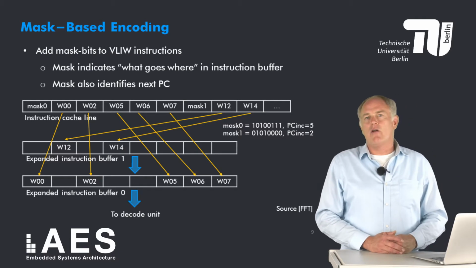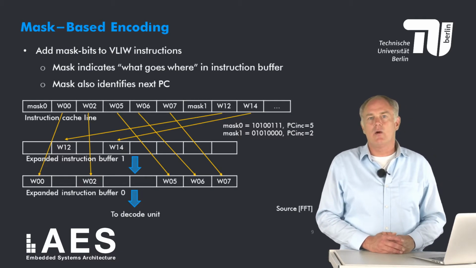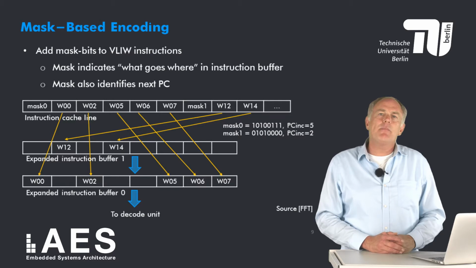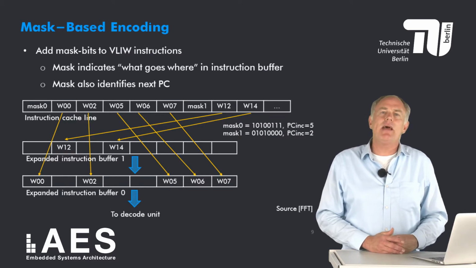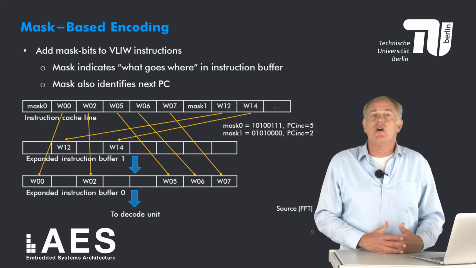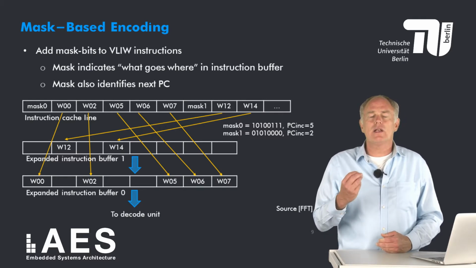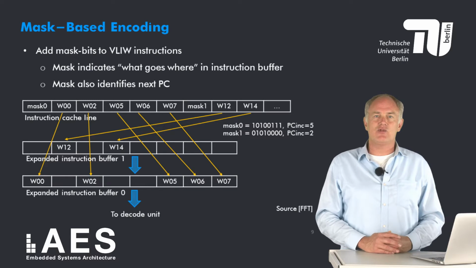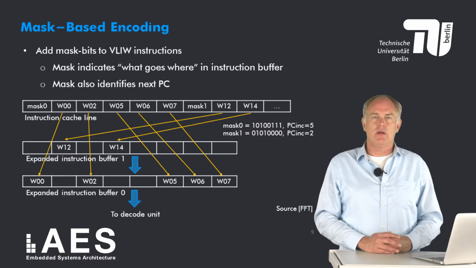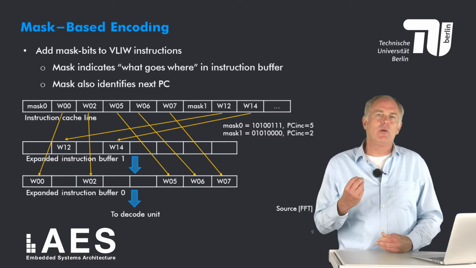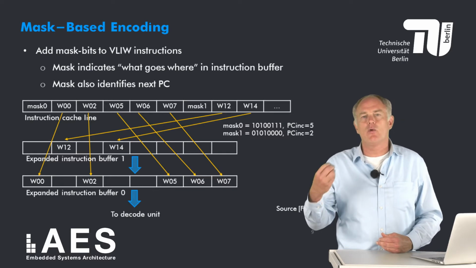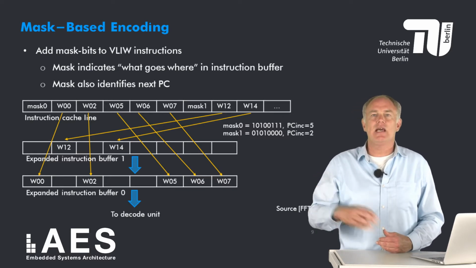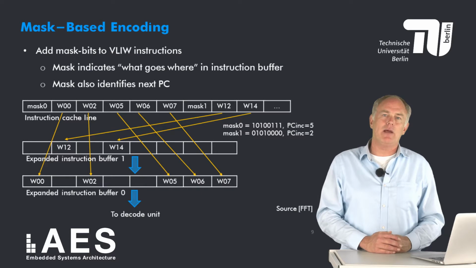This is an example of mask-based VLIW encoding. The idea behind mask-based encoding is to add mask bits or templates to a VLIW instruction to identify what goes where in the expanded instruction buffer, and at the same time to pre-compute the address of the next program counter, the next PC, so that we can keep filling the pipeline.